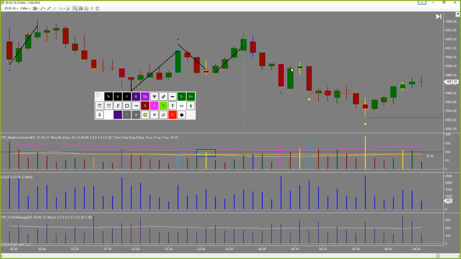Churn meaning that even though it is a wide-ranging bar, there's still so much volume that the volume per range is higher than the past 16 bars. So yeah, it's a selling climax, but there's so much volume that it's also a very high volume per range.